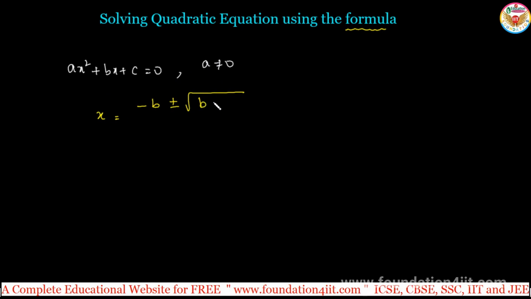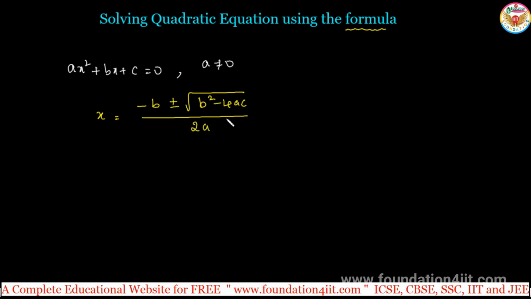As per the general formula, the roots of the quadratic equation ax square plus bx plus c is equal to 0, where a is not equal to 0, can be obtained by using the formula x is equal to minus b plus or minus under root b square minus 4ac, all divided by 2a.